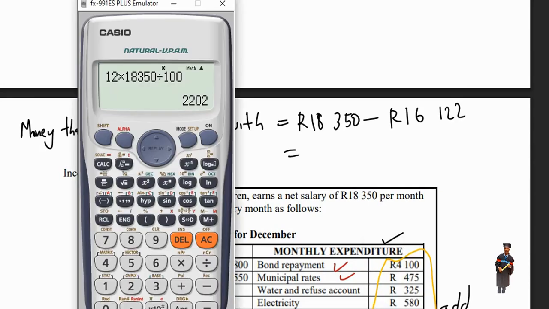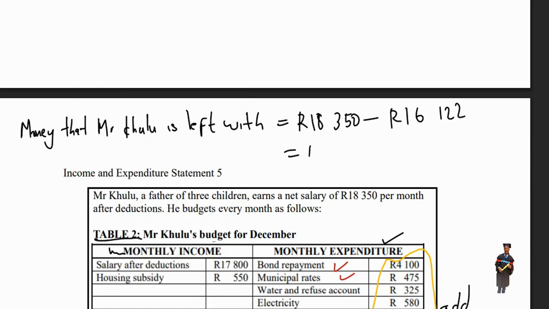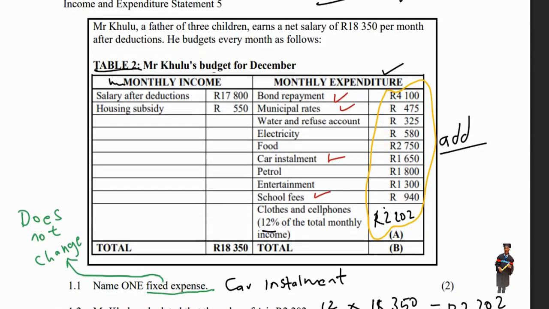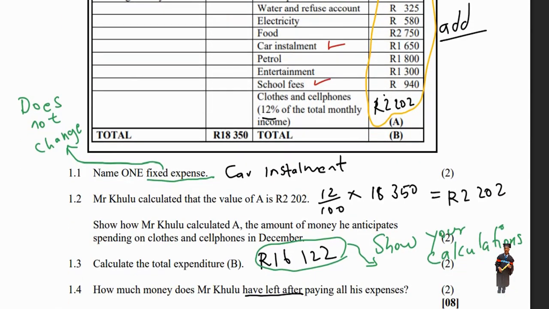So we have to say 18,350 minus 16,122. Okay, this will give us 2,228. He will be left with 2,228, which is going to be his profit.